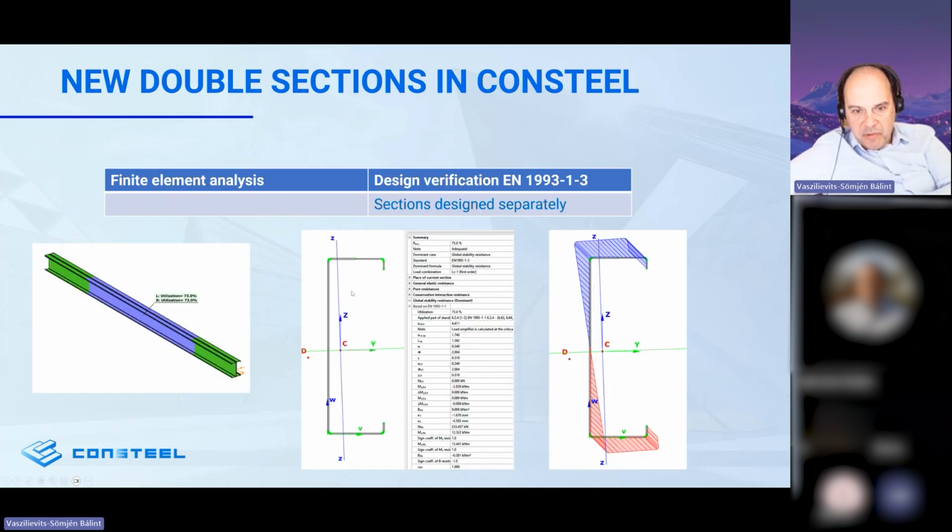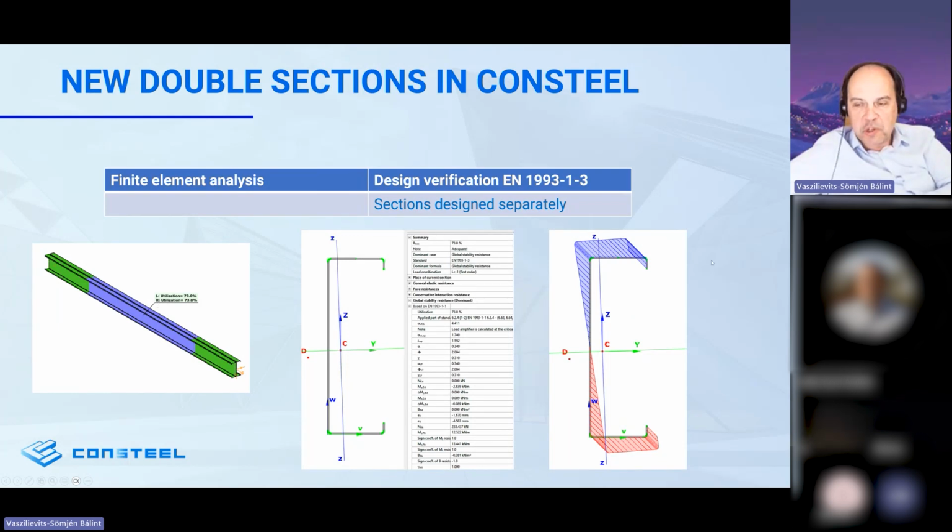Then we will always see just a single profile. In Consteel, anywhere along the length you will always see just one, because in the analysis model it has just one reference line, but from the design point of view, for each point two profiles are assigned, and we will always be able to see the results which refer to the left or to the right cross-section.